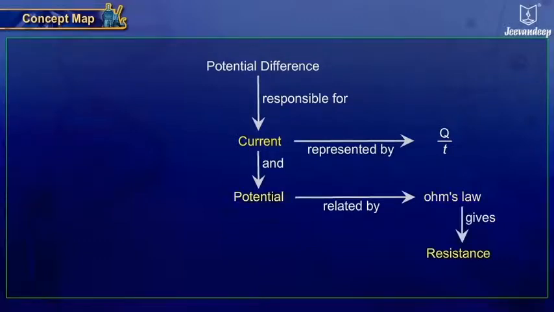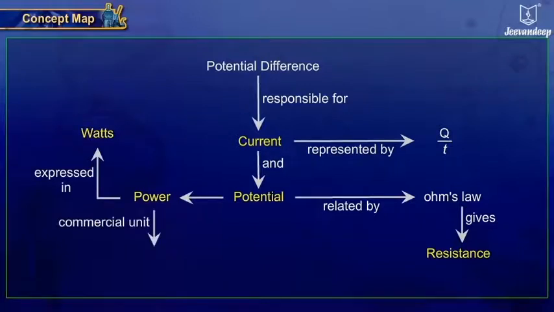Current, potential difference, and resistance are used to calculate power, that is, rate of doing work, which is expressed in watts, and its commercial unit is kilowatt hour, that is equal to 3.6 into 10 raised to the power 6 joules.